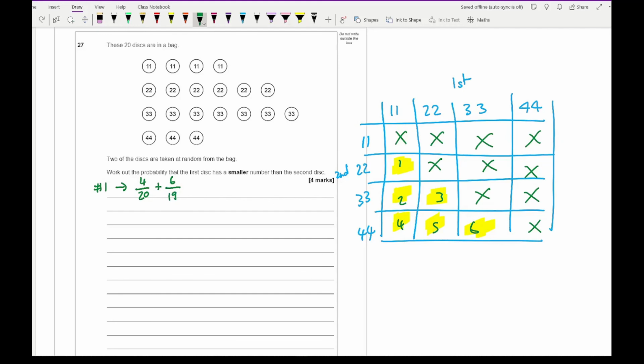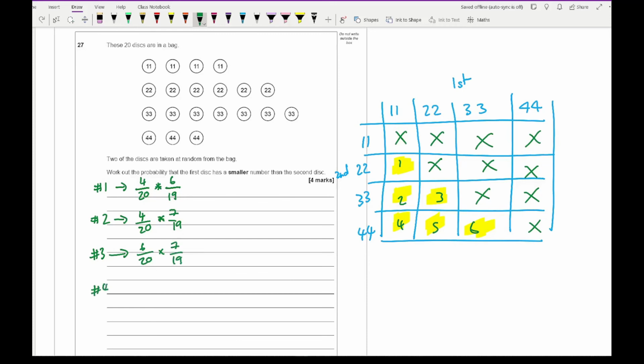Then number 2, this time we're going for 11 first, so it's 4 out of 20, times 33 second, which is 7 over 19. Then for number 3, that's 22 first, so that's 6 out of 20 times, actually these should all be times, not plus, 33, which is 7 over 19.